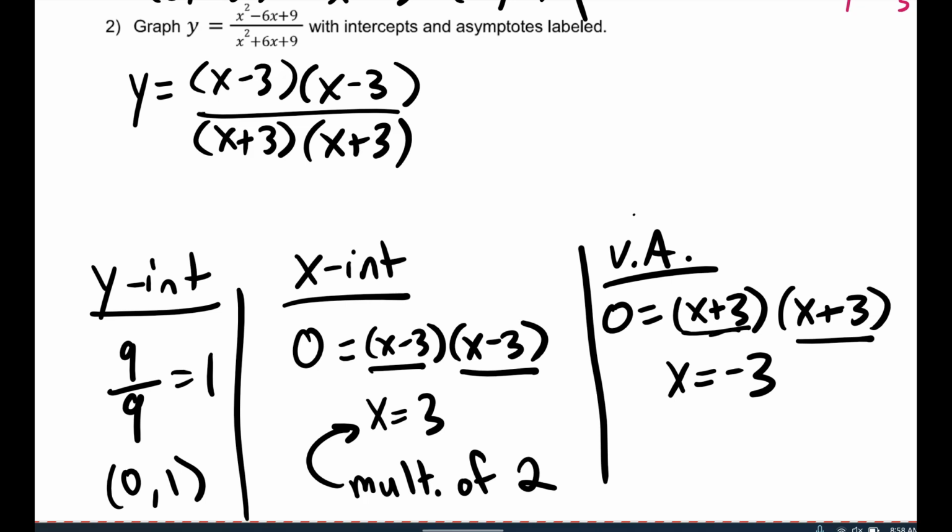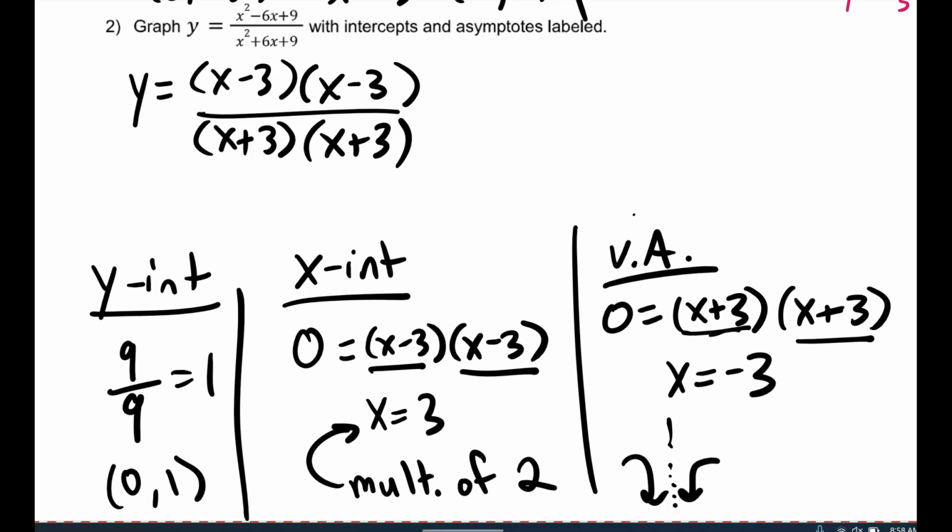That also will have an interesting effect on the graph, where at that vertical asymptote, instead of going in opposite directions, usually they go in the same direction, whether they both approach infinity or the y values approach negative infinity on either side, like this and like this. Usually that's what happens when you see that factor twice in your denominator. Alright, so that's our vertical asymptote.